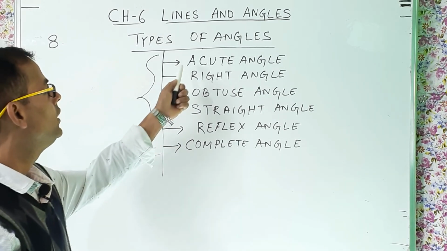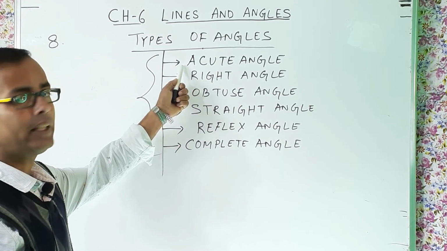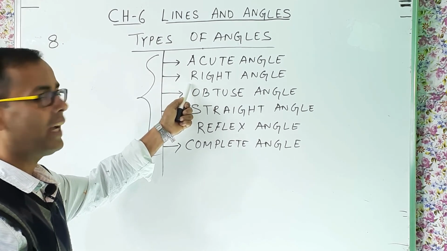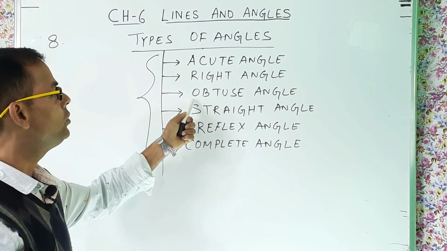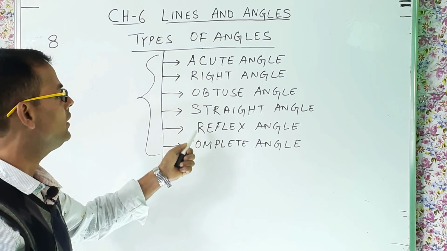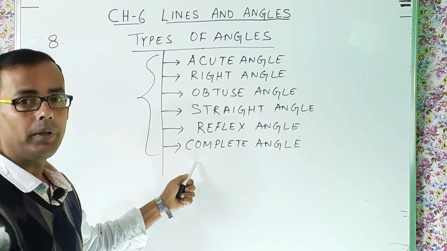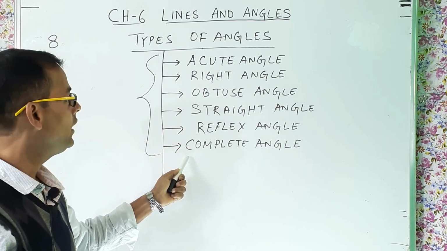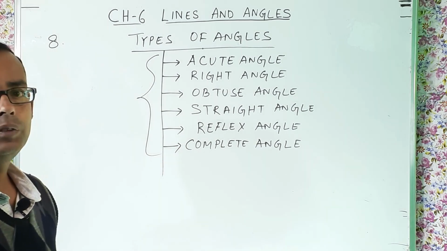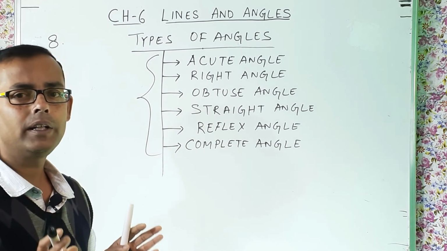So we will try to know them. The first one is the acute angle, the second is the right angle, the third is the obtuse angle, the fourth is the straight angle, then the reflex angle, and then the complete angle. Clear or no? These terms are very, very important.